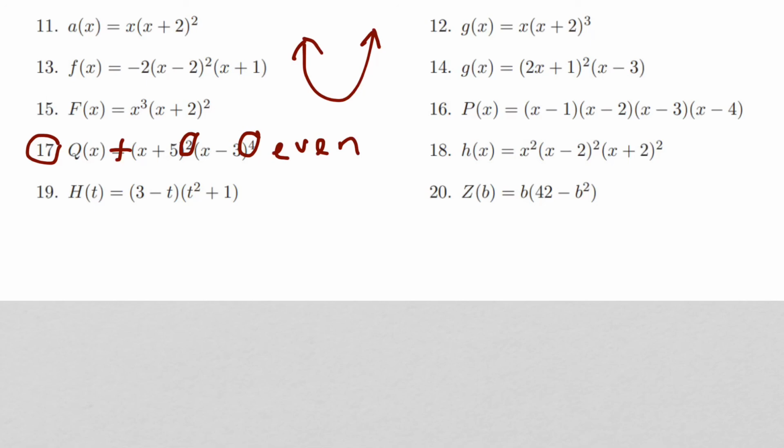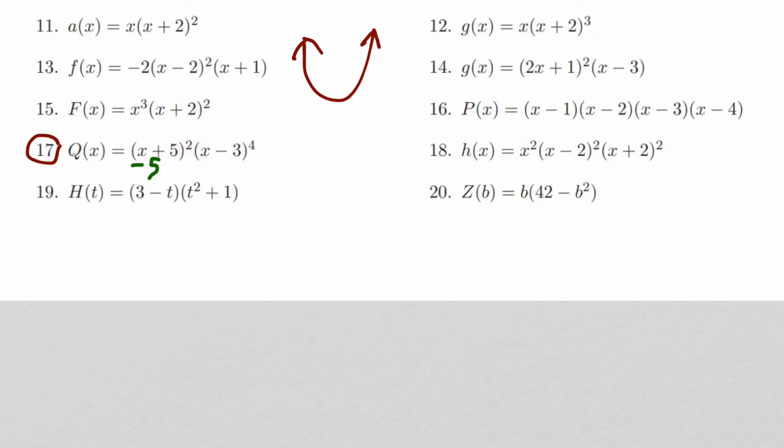Now if I look at my zeros, I've got a 0 here of -5 with a multiplicity of 2.